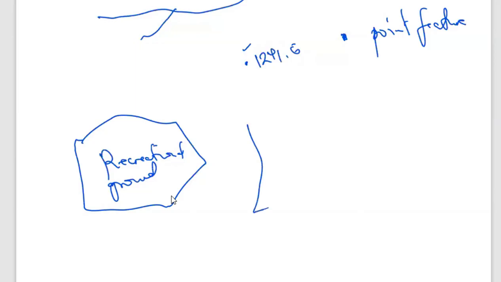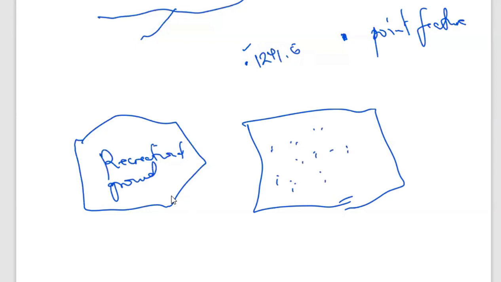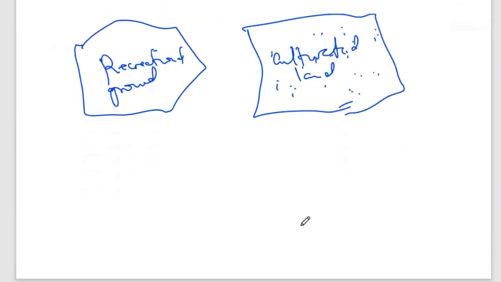Or maybe you can have something like this, and then in green, this is a cultivated land. It's an example of an area or a polygon feature. Or maybe you have a play field.